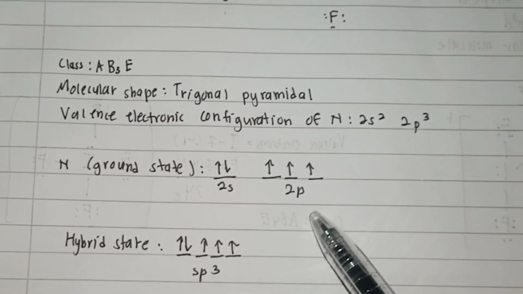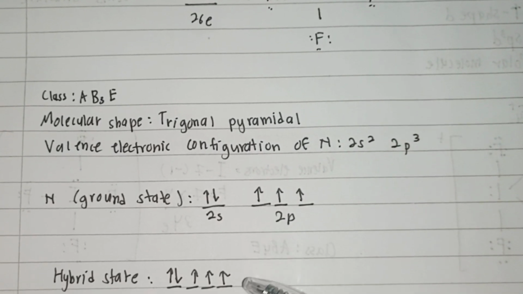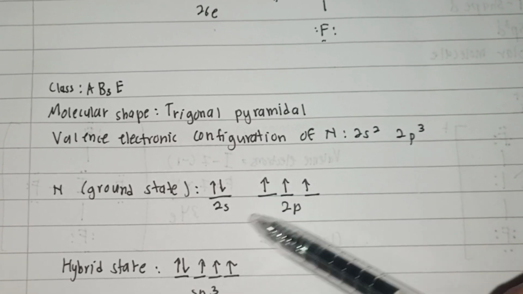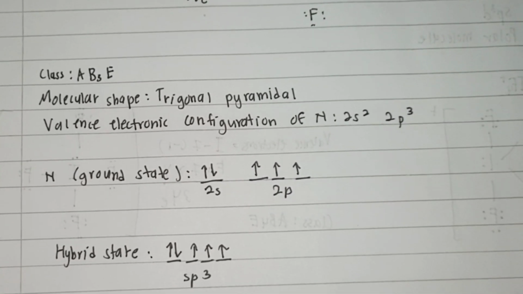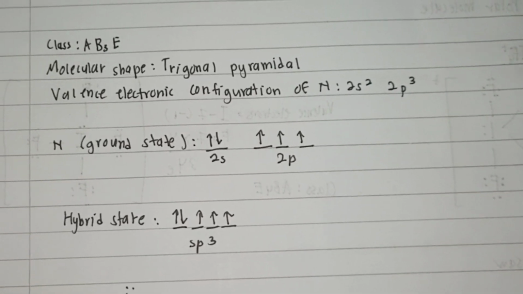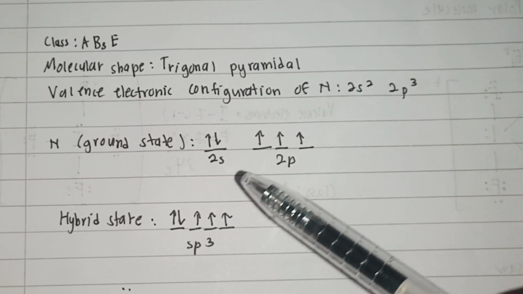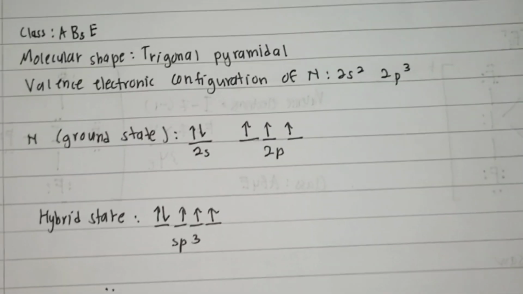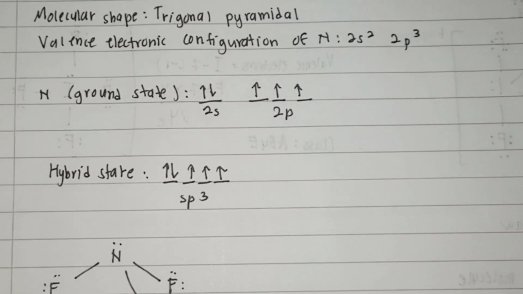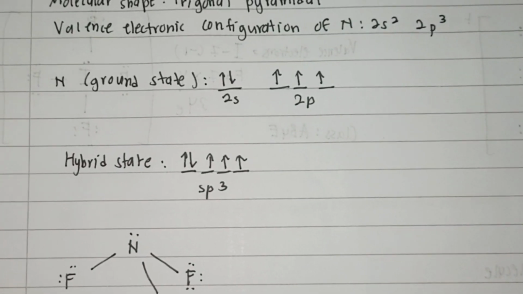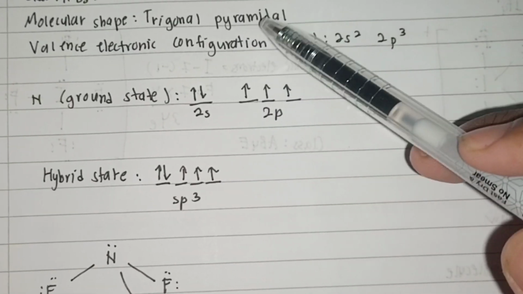We only have 3 unpaired electrons to form 3 sigma bonds, one here, one here, and one here, which indicates that we do not need to go to the excited state, just keep it to the hybrid state, and we get sp3 hybridization here. And lastly, we draw our molecular geometry based on the trigonal pyramidal shape. I think that's all from me.